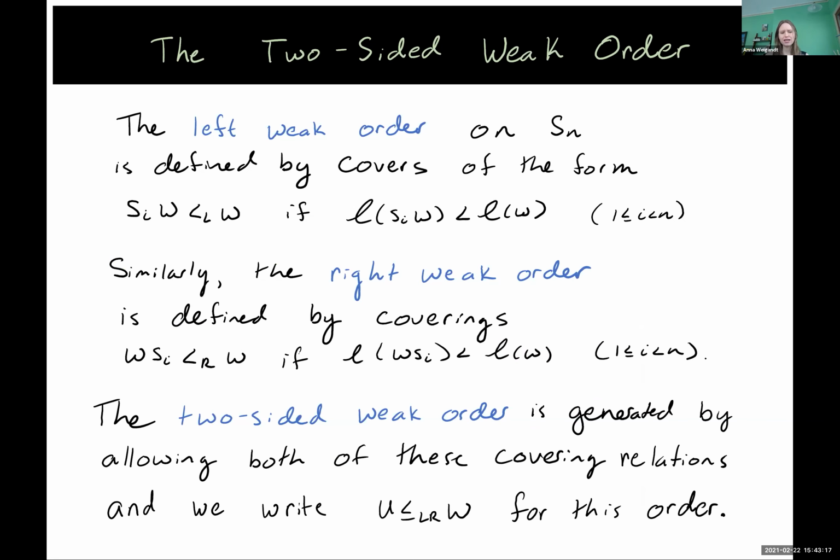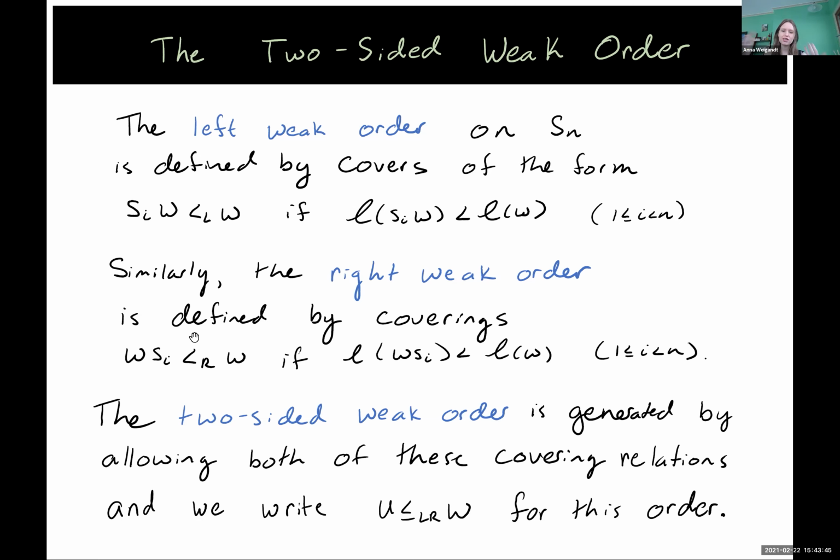And then the last tool that we need to think about why this theorem might be true is the two-sided weak order. We have this left weak order on the symmetric group, defined by covers of the form s_i w is left less than w, where s_i is the simple transposition exchanging i and i plus 1. And there's a right weak order where we just act on the right instead.